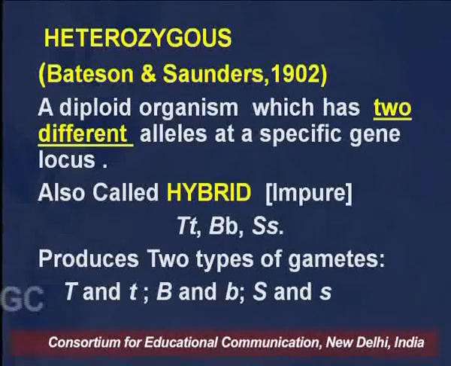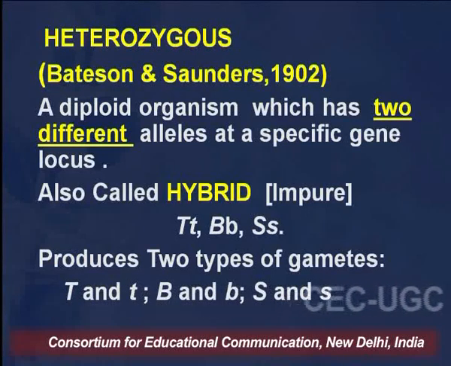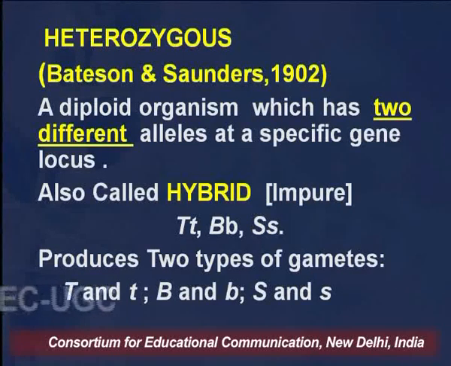On the other hand, heterozygous organisms are ones where two different alleles are present at a specific gene locus. This would be called impure because both of them are different, or a hybrid. How would you depict them graphically?